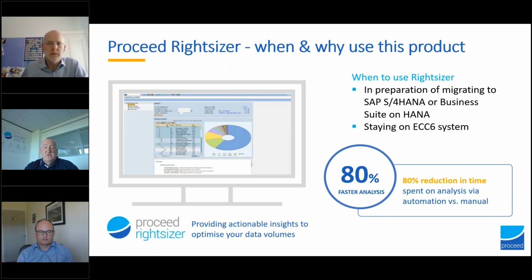And of course, if you're also doing a lift and shift, for instance, a lift and shift to AWS, what's the point of not shrinking your database? So again, the lift and shift where you're sitting on either Oracle, SQL Server, DB2, ASE, we can also say how big a system you can get into. Next slide, please.